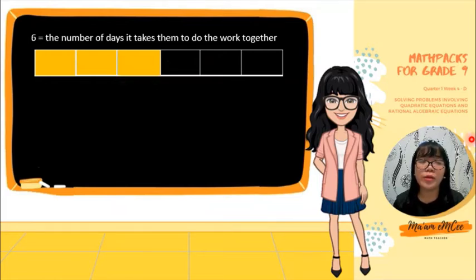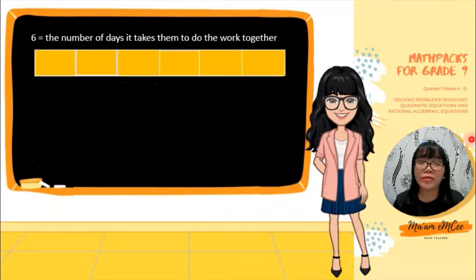During the third day, 3/6 or 1/2 of the work. During the fourth day, 4/6 or 2/3 of the work. On the fifth day, 5/6. And on the sixth day, they will be finishing the whole work.